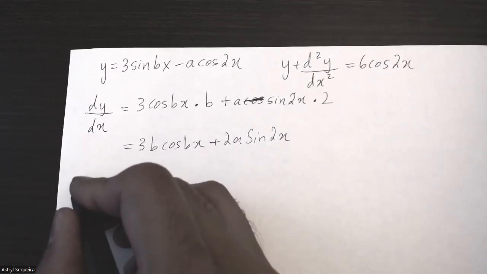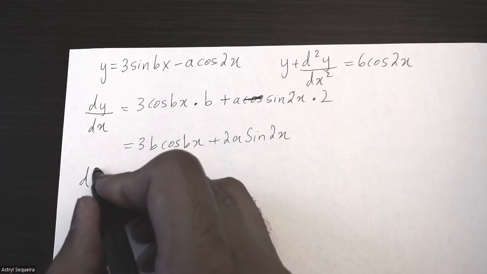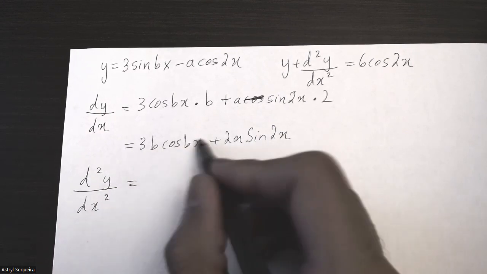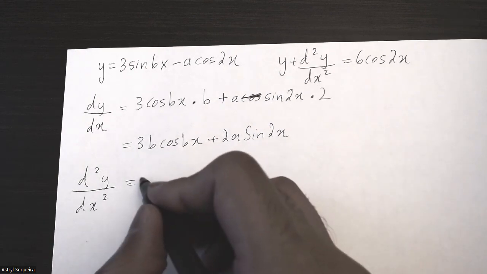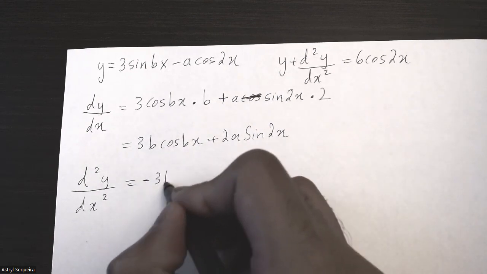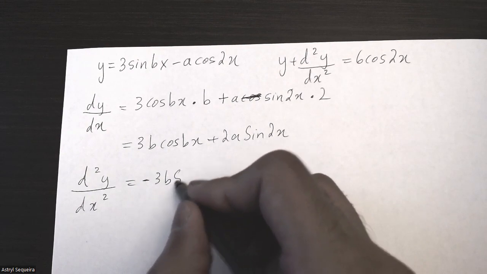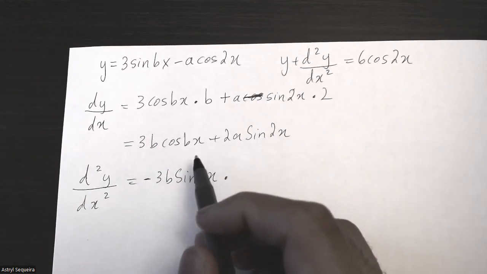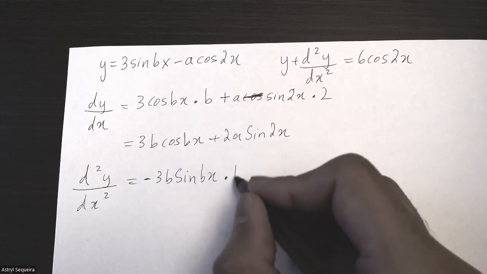Now I'm going to find the second derivative, d squared y over dx squared. If I differentiate this over here, I'll get negative 3b sine bx times the derivative of the inside, which is just b.